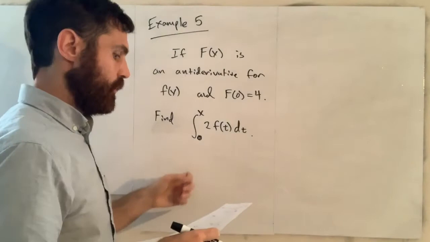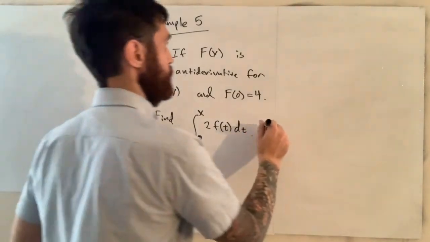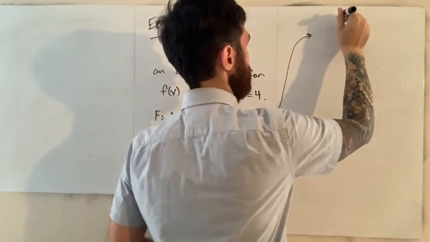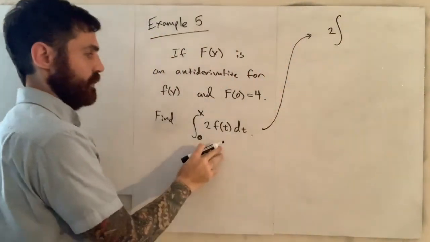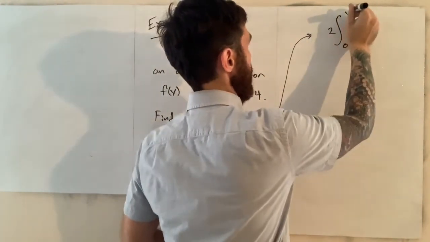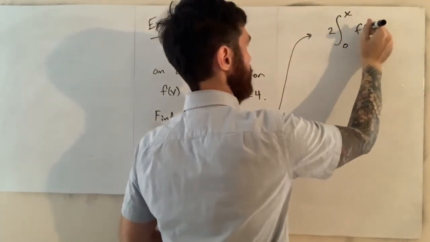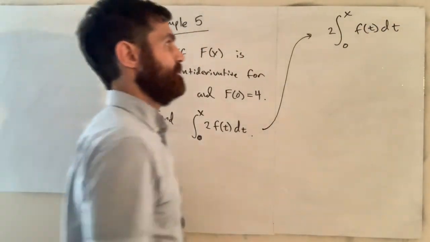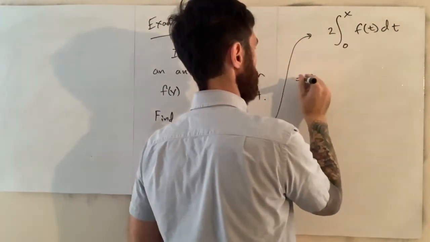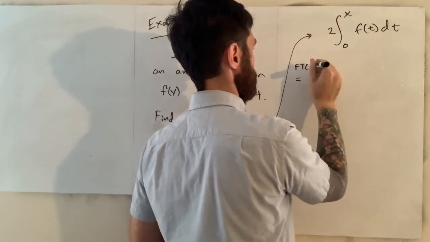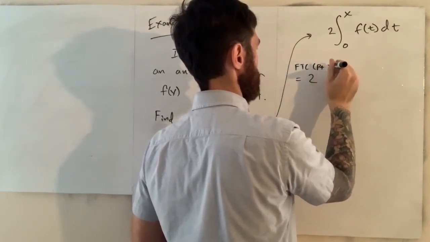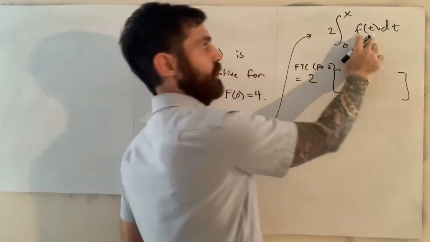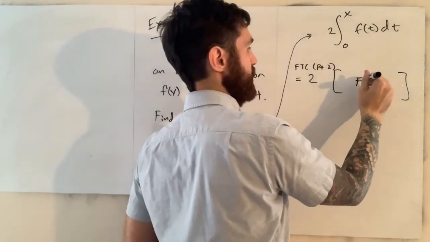So what we can do is write it as, well, I can pull out a 2, and I have the integral from 0 to x of f(t) dt. And now, the fundamental theorem of calculus, part 2, says this is just going to be equal to 2 times, pick your favorite antiderivative.